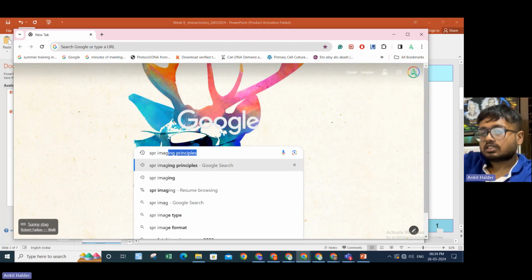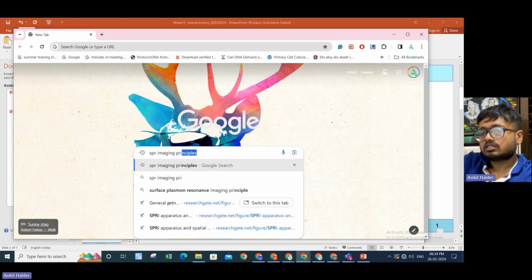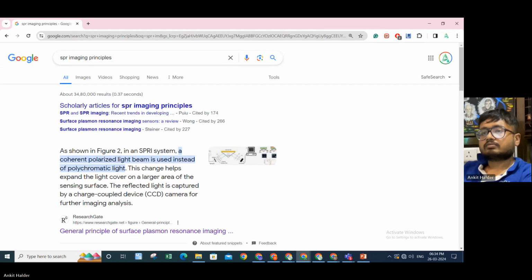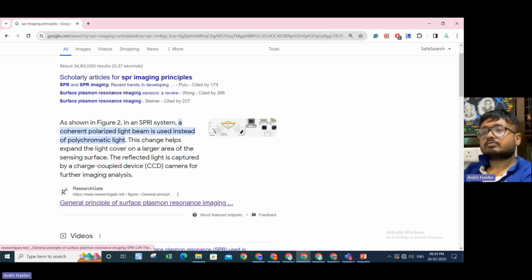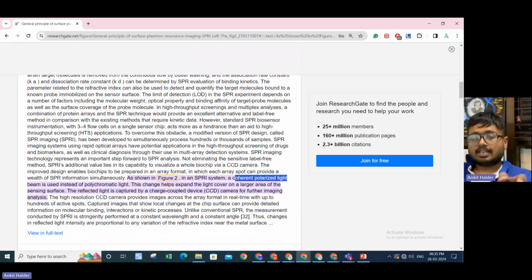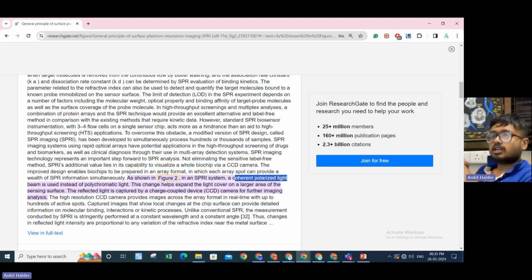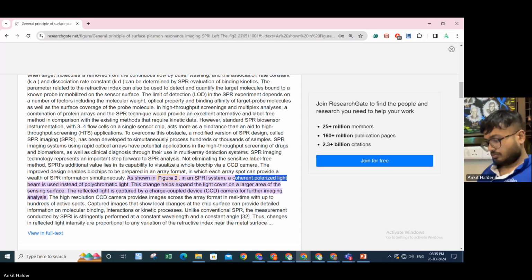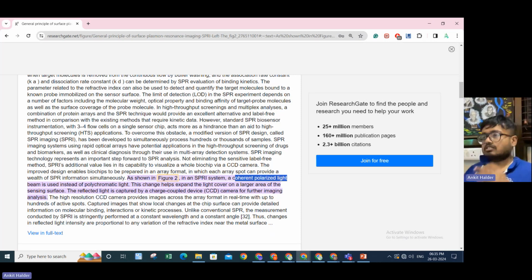SPR imaging principles. In an SPRI system, a coherent polarized light beam is used instead of polychromatic light.